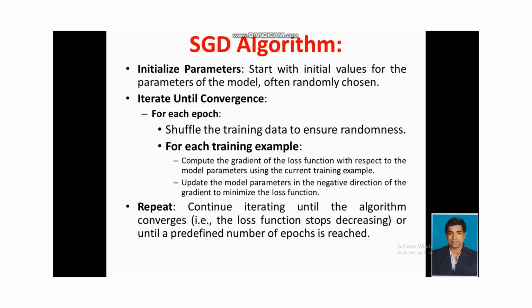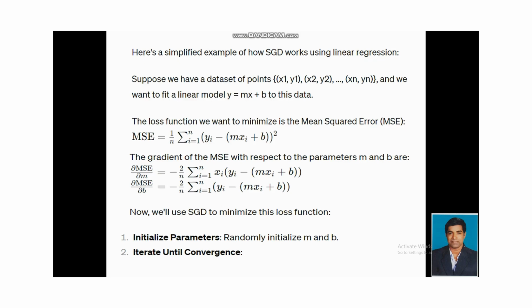For each training example, compute the gradient of the loss function with respect to the model parameters using the current training example. Update the model parameters in the negative direction of the gradient to minimize the loss function. Repeat this iteration, continuing until the algorithm converges or until a predefined number of epochs is reached.